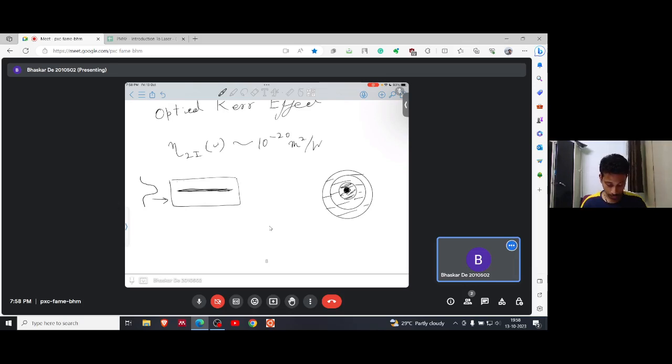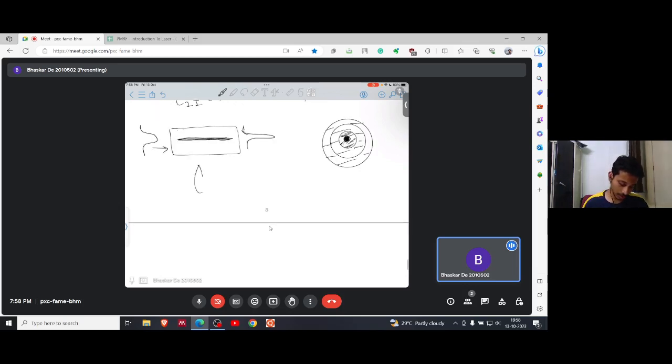So when the beam exits this material, we will have a sharply focused beam. It is equivalent to using a lens here, which will also focus it to a point, and the output beam is something like this.